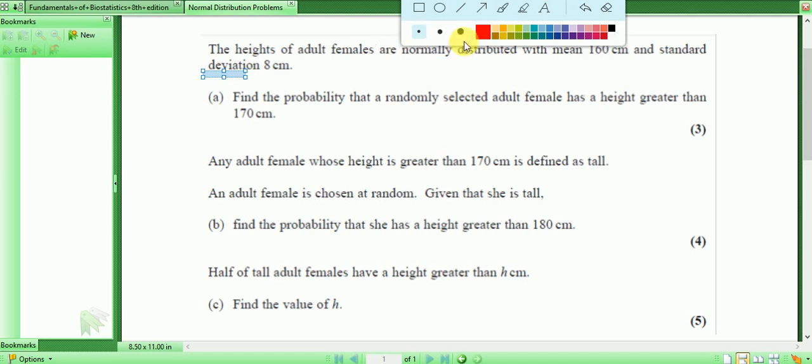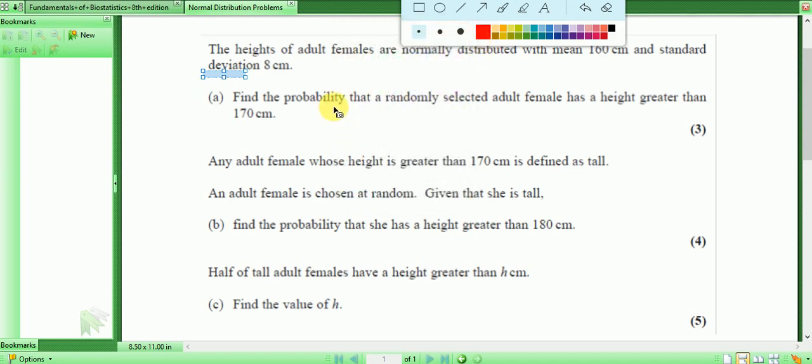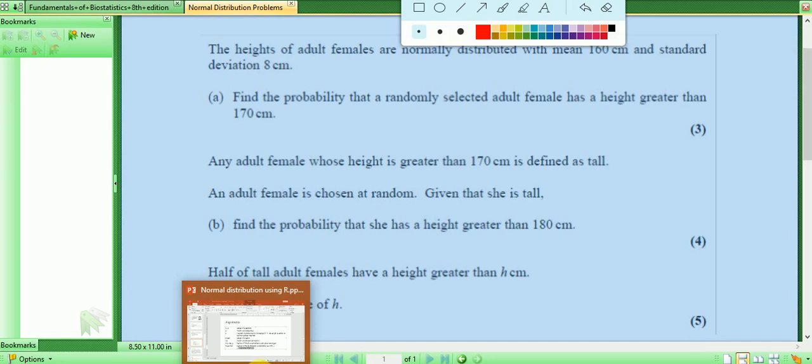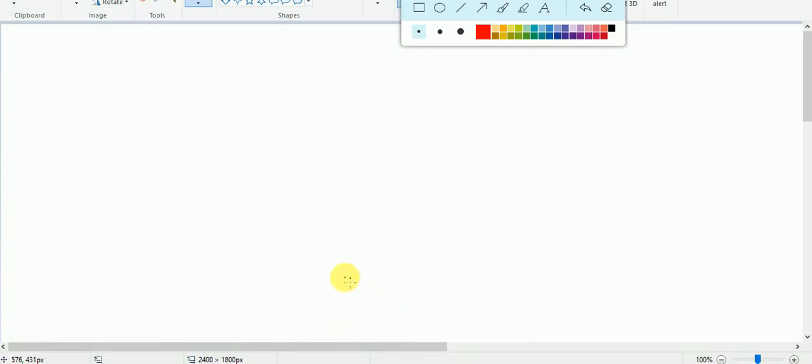This is the probability we have to find out. So let us first solve this using our mathematical tool.